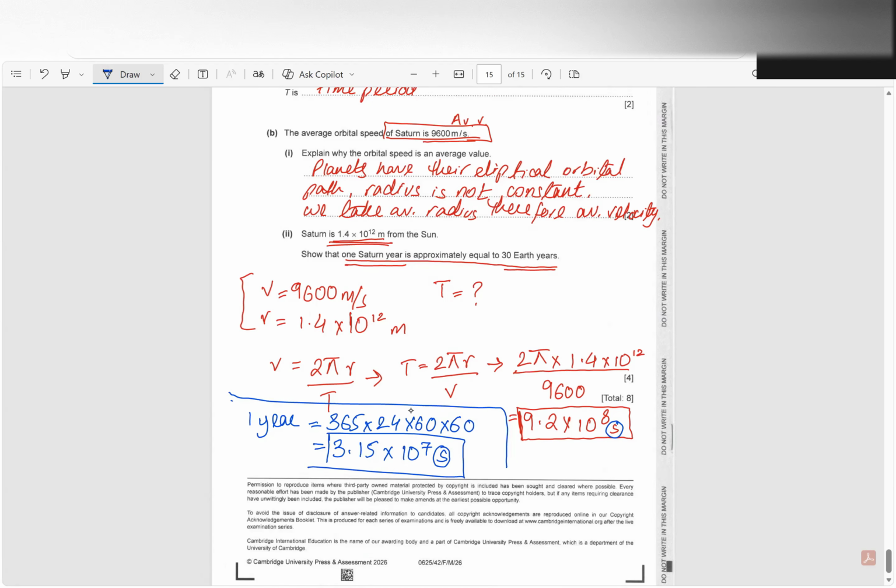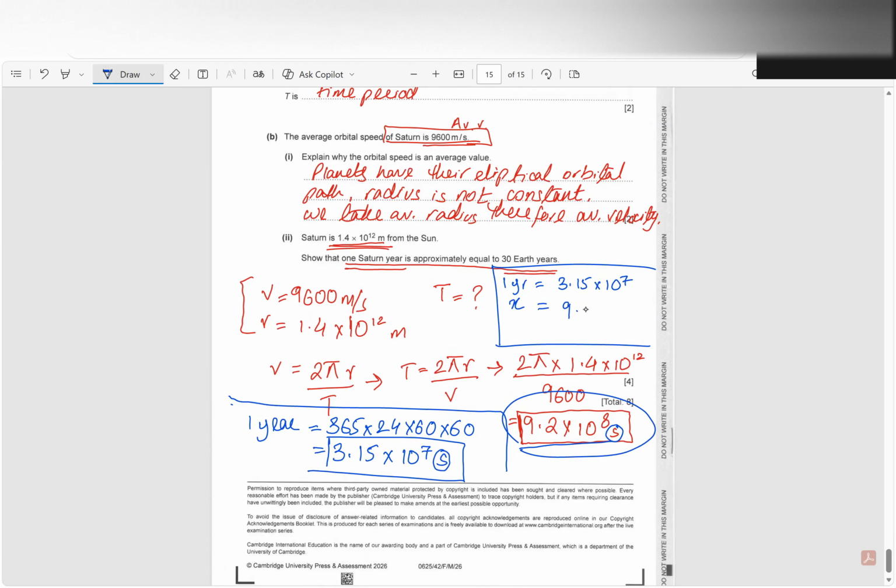So if Saturn's one orbit is taking 9.2 into 10 raised to power 8 seconds, we can do some simple math here. One Earth year is equal to 3.15 into 10 raised to power 7 seconds. Therefore, how many Earth years are going to give us a value of 9.2 into 10 raised to power 8?